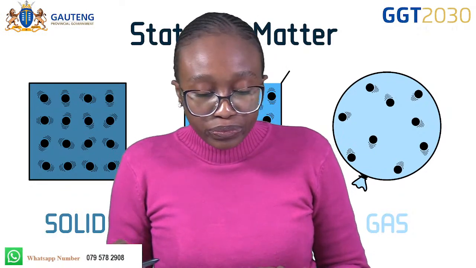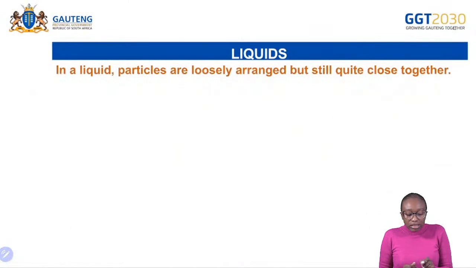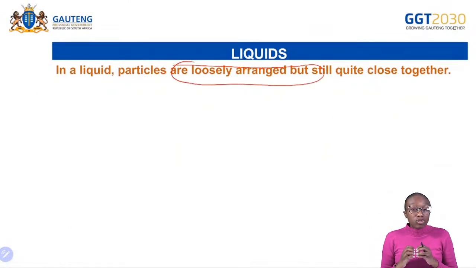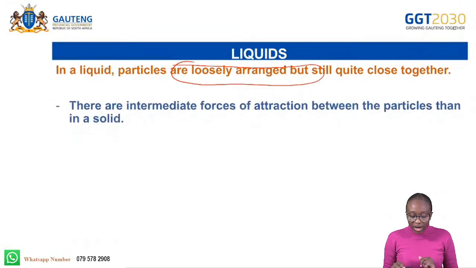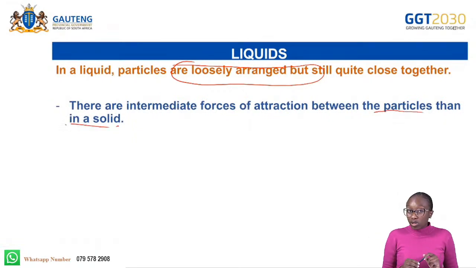Liquids. In a liquid, particles are loosely arranged, but they are still quite close to each other. They are still quite close together, but they are loosely arranged. There are intermediate forces of attraction between the particles than in the solids.